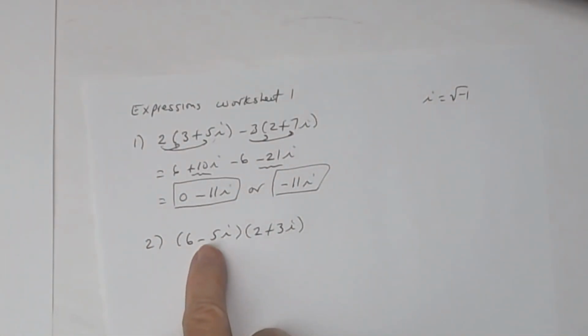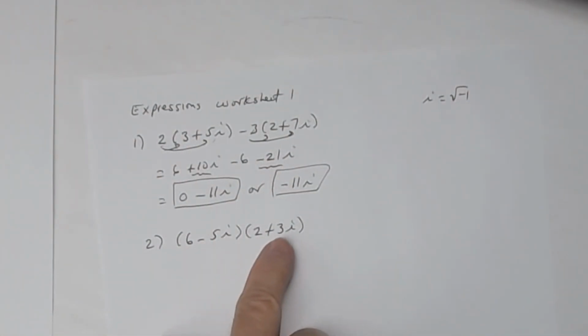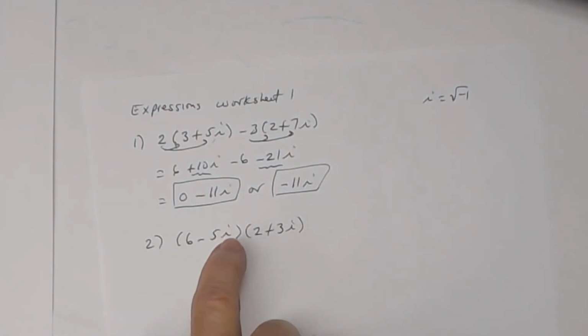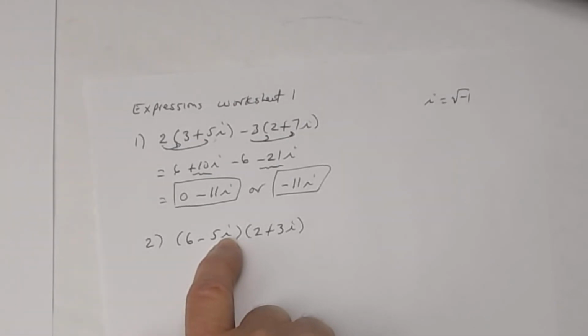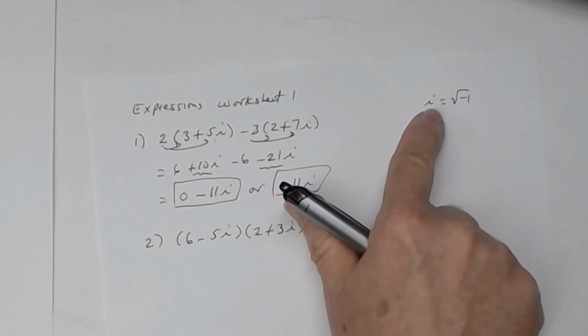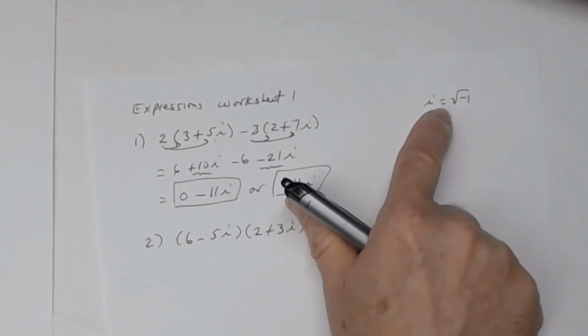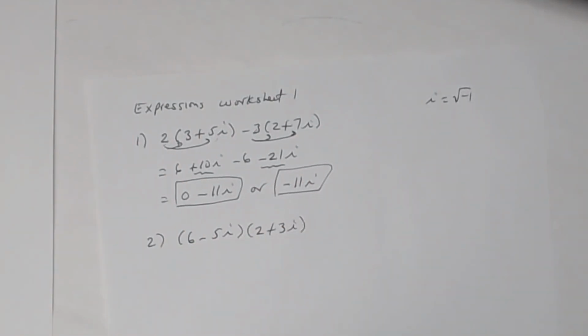So you have two binomials here, and notice that although we use i like a variable, i is not a variable like an x or y or an a, whatever variable you may use. i is an imaginary number, equal to the square root of negative 1.